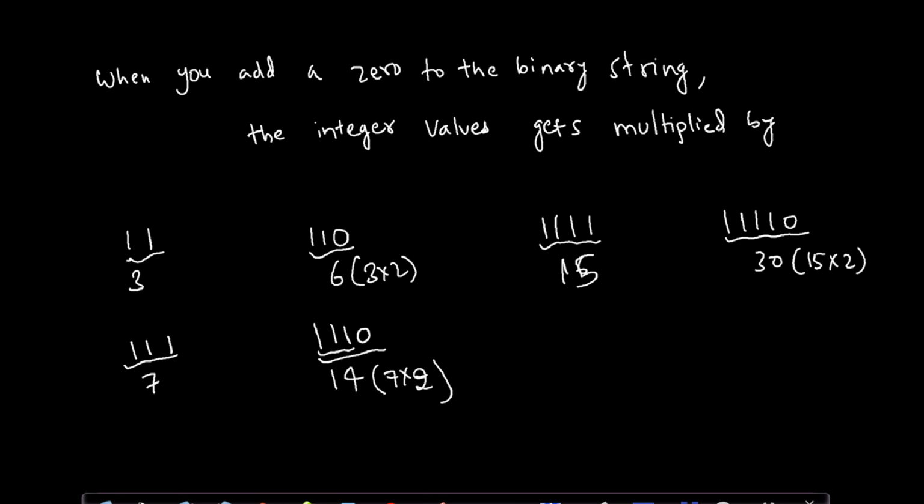So when you add a 0 to the binary string, the integer value gets multiplied by 2, right?